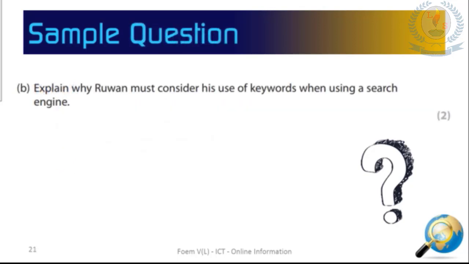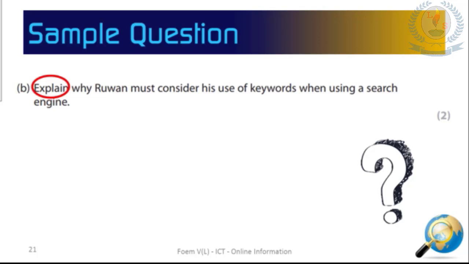Second sample examination question. Explain why one must consider his use of keywords when using a search engine. The command word is explain. So children, you have to consider that 2 marks are given. That means when you are writing the answer, if you identify a point, explain requires you to write the evidence for that point.